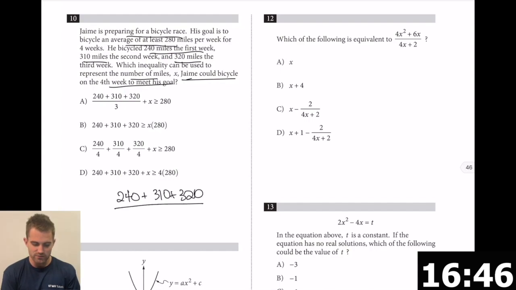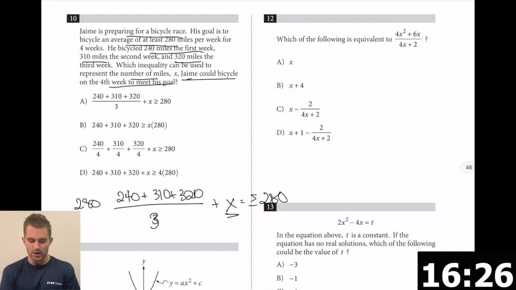That gives us the sum of those first 3 weeks. And then plus x is greater than or equal to 280? No, because this one, guys, again, if we did all this, this would give us some value pretty close to 280. We don't want to re-add that sum.